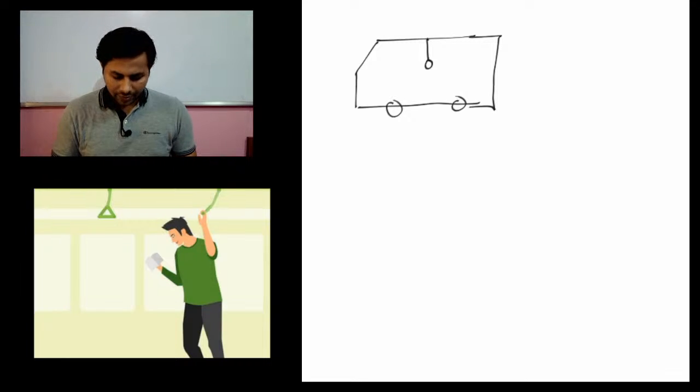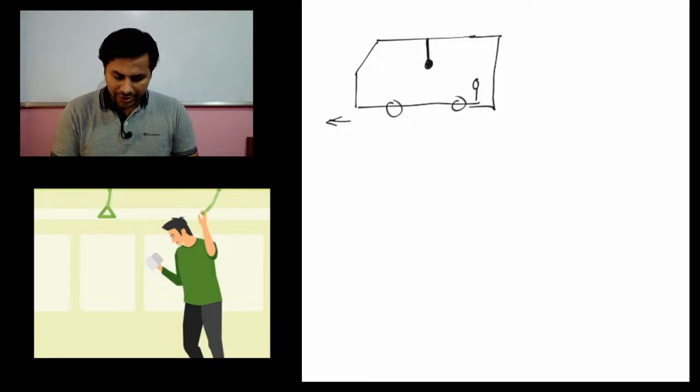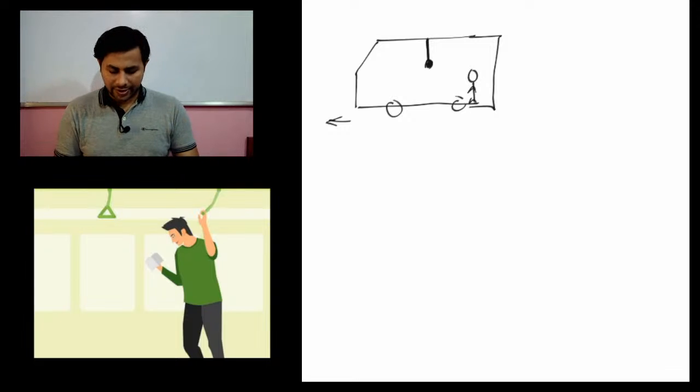When the bus is at rest, or moves with uniform velocity, this ball, or let's call it a pendulum, will appear to be at rest like this. For a passenger in the bus who observes this pendulum, it will appear to be at rest if the bus is at rest or moving with uniform velocity.